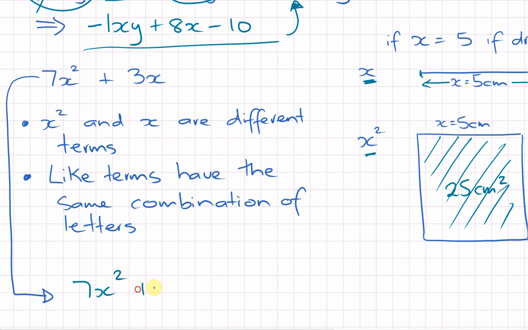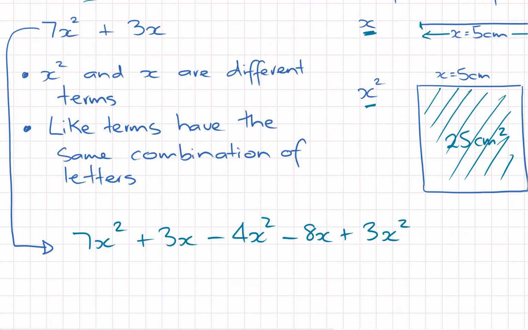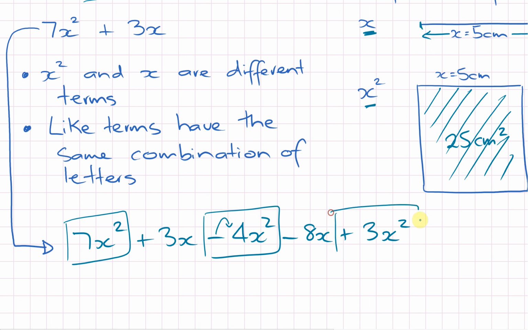So 7x squared plus 3x minus 4x squared minus 8x plus 3x squared. Okay, so my x squared terms would be here, here, including that minus sign there, and this one.